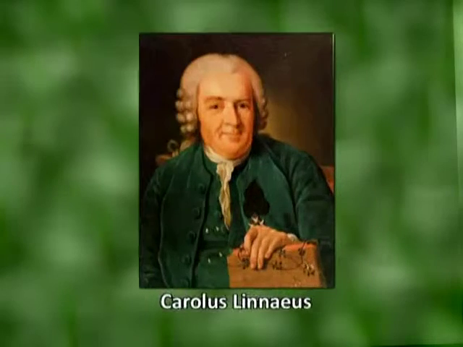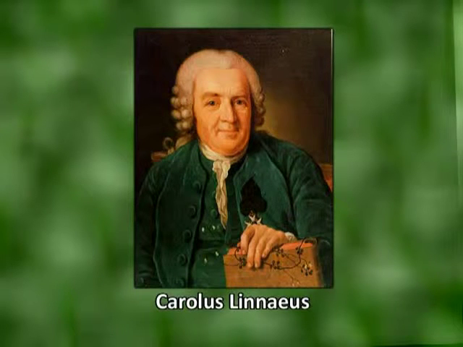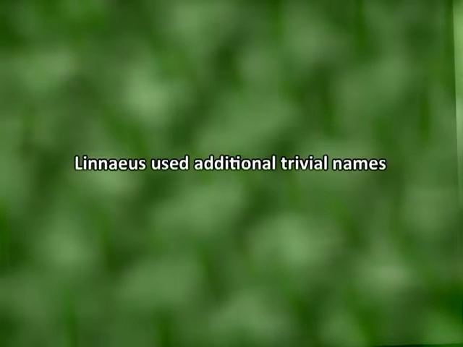In the early attempts of naming plants, plant names used to be long, as a single name used to be followed by one to many descriptive terms or adjectives, giving rise to multiple terms or polynomials, which have been used by many taxonomists, including Linnaeus in his Species Plantarum. And he used additional trivial names for these polynomials.